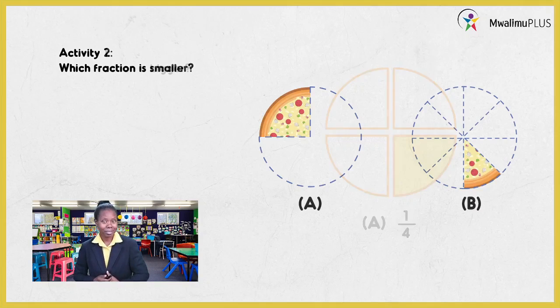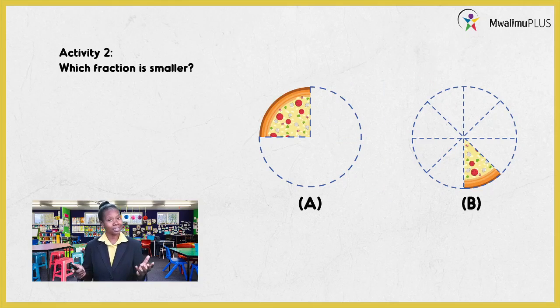Do you love pizza? Oh yes, I love pizza too. Look at this. We ate the pizza and we made some fraction there. Can you look at the first pizza? What fraction remained there? A quarter. Very good. What about the second? Yes, the second pizza remained only an eighth. Very good.